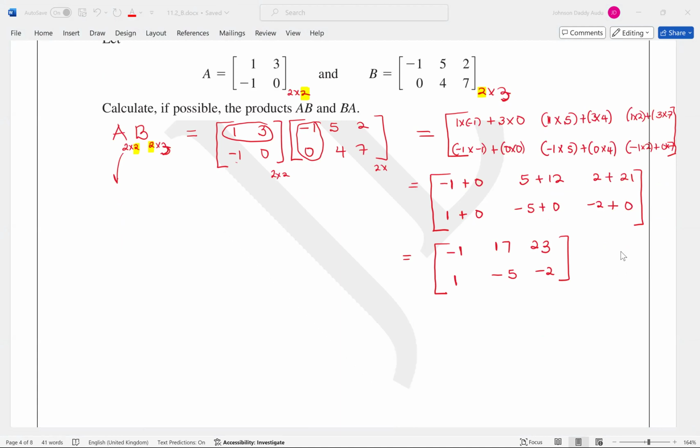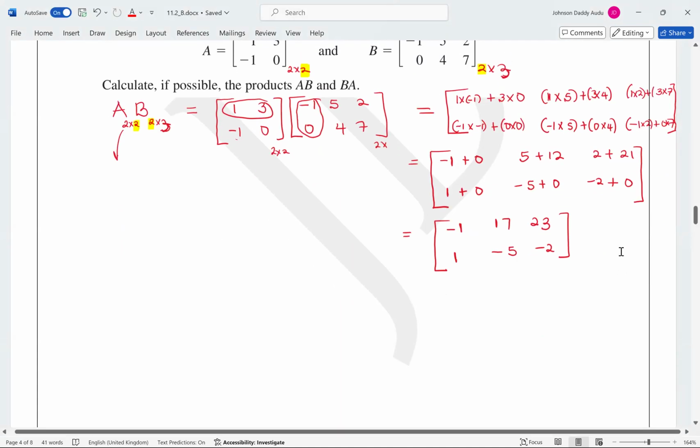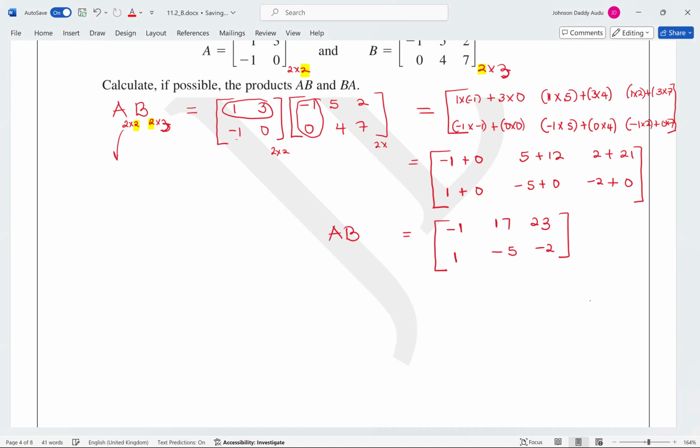Okay, now you can see that this is matrix AB, and this is a 2 by 3 matrix. So now let's see matrix BA. BA now means you have to write the B first.